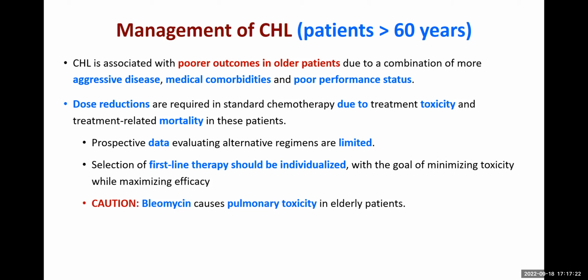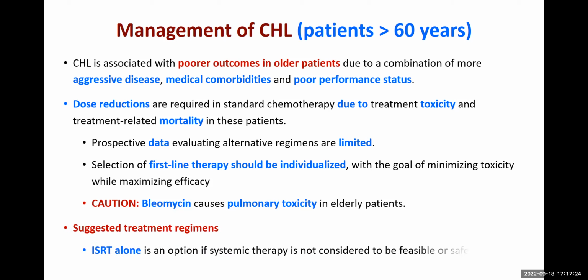Again, bleomycin, lung fibrosis, suggested treatment regimen, radiation therapy. Involved site radiation therapy is an option if systemic therapy is not considered to be feasible or safe. So all of these are showing that the outcome is not very good in people above 60 years of age.